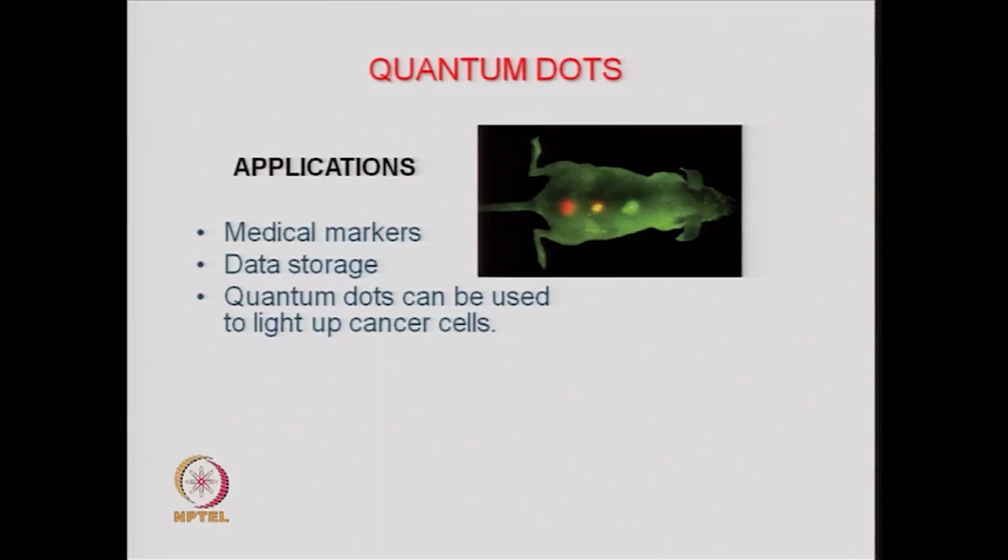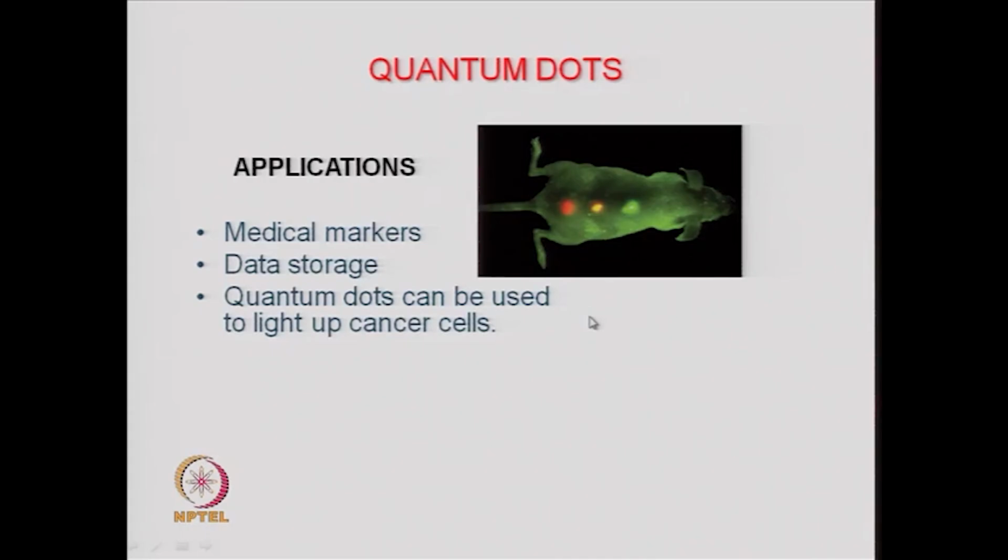So, that kind of an application is shown here, where you have used quantum dots as markers. If you can find one particular quantum dot of a particular size going into one area and it is emitting red color, then you can identify that site. Another sized quantum dot goes to another site and shows a yellow color, and something shows a green color.